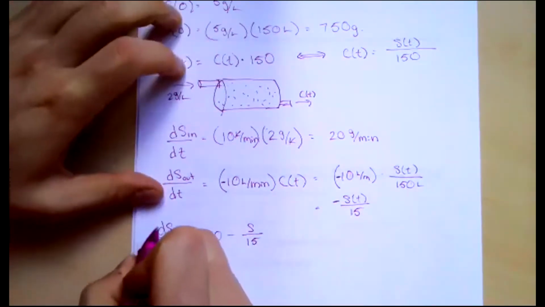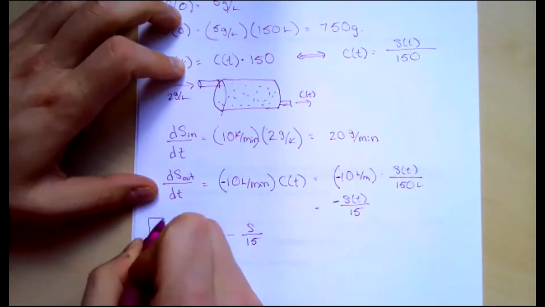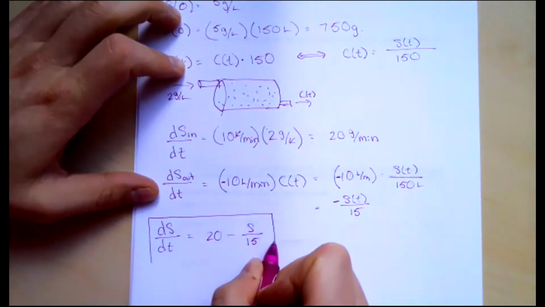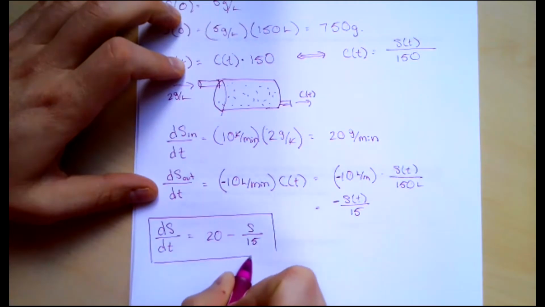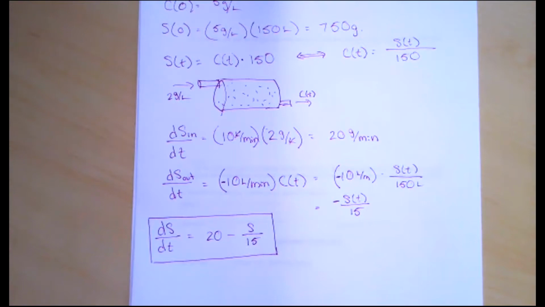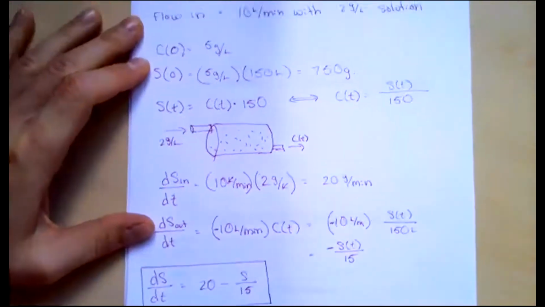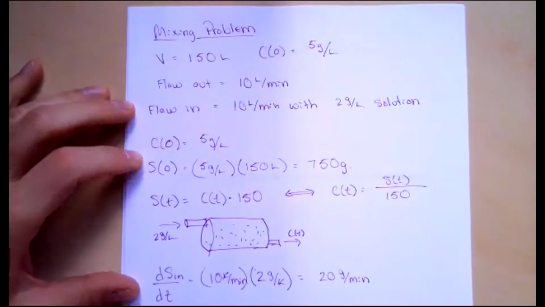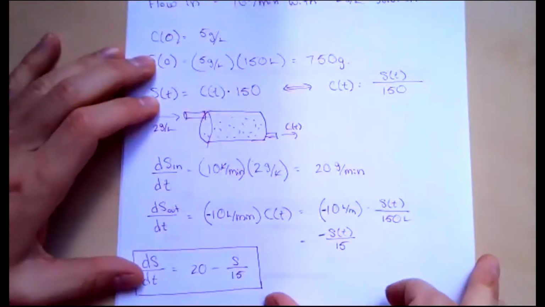So this is our differential equation. Any questions on that? So this will be on the quiz tomorrow. Make sure you understand this example. Let's do one check and solve this differential equation to see what the limiting value is.